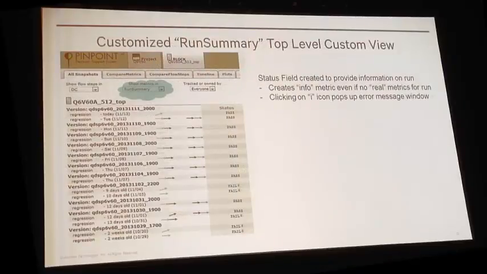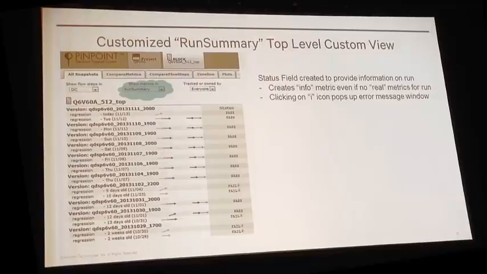So the other thing you can do is, we use something called PD regressions that run on a regular basis, and people always want to know, well, what's the status of the regressions and where is each tool? Well, each one of these arrows is actually an indication of the status of the tool as it progresses through different steps.